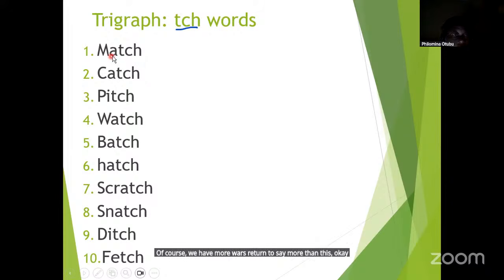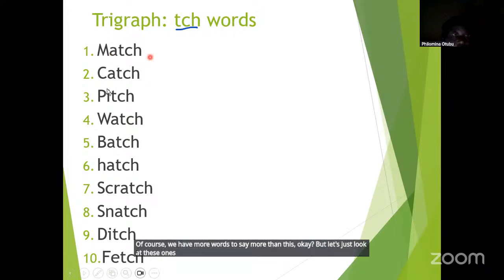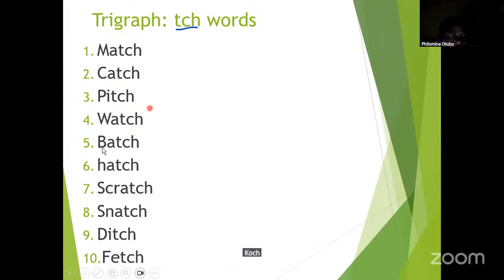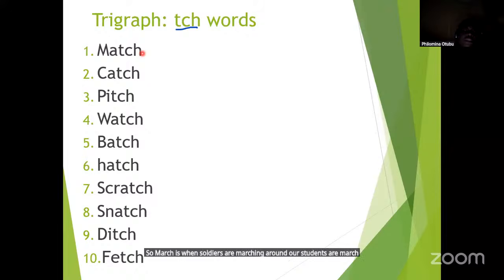But let's just look at these ones: match, catch, pitch, watch, batch, hatch, scratch, snatch, ditch, fetch. So match is when soldiers are marching around, or students are marching into their classroom.